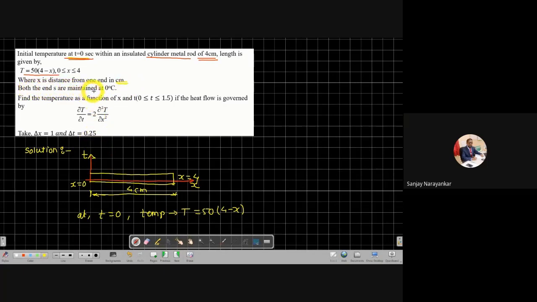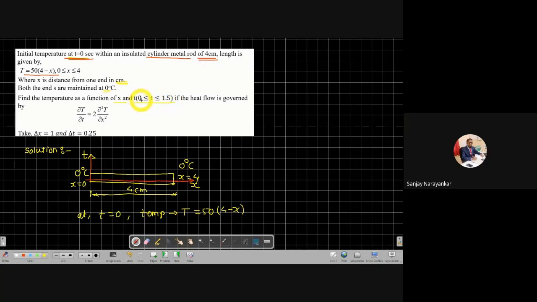Both ends are maintained at 0 degrees Celsius. What does it mean? At x is equal to 0, the temperature is 0 degrees Celsius, and when x is equal to 4, the temperature is 0 degrees Celsius. Find the temperature as a function of x for time which varies from 0 to 1.5.